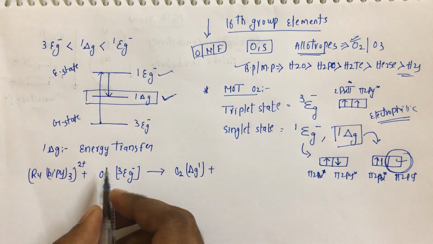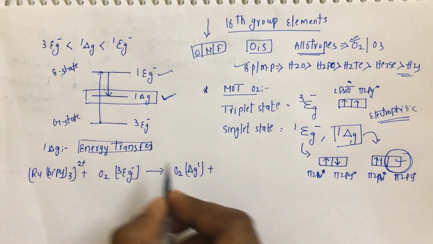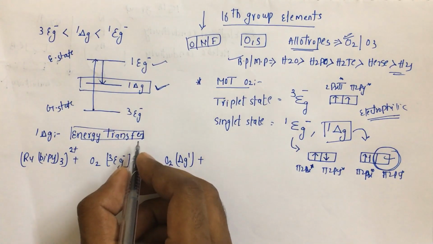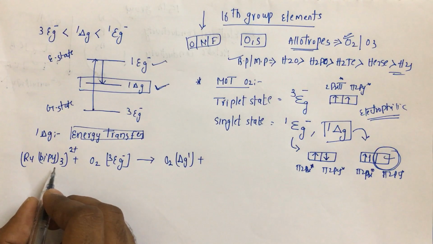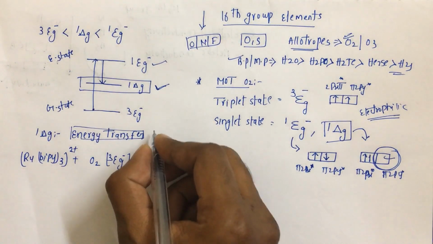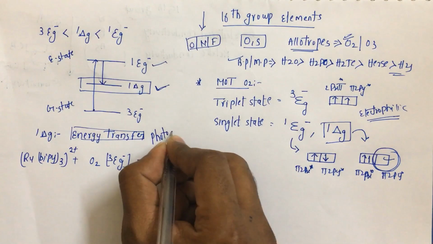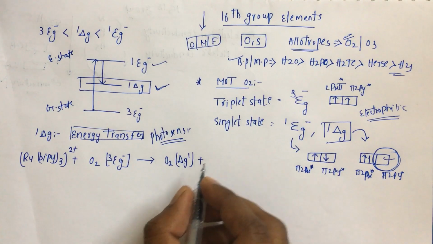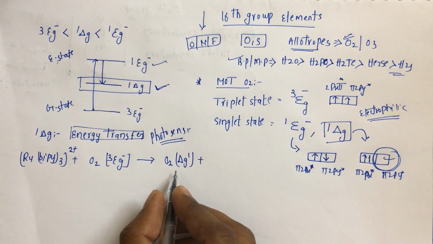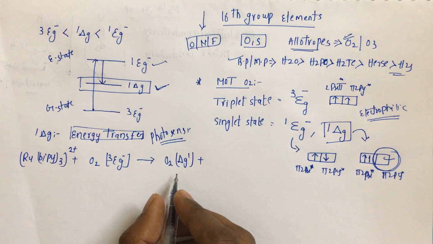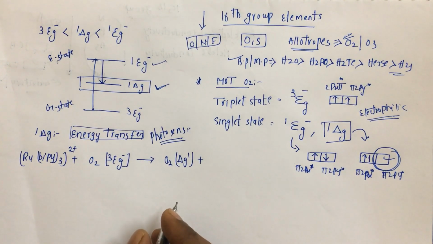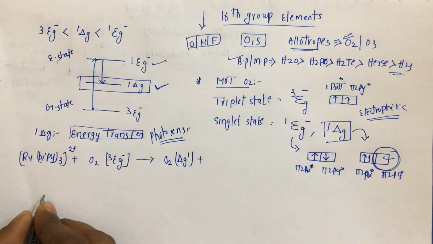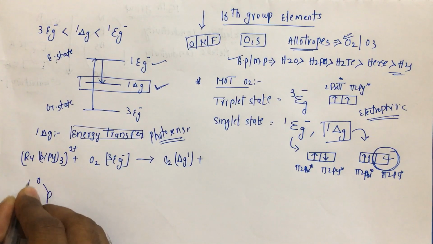In the photosensitization method, energy transfer takes place from the ruthenium bipyridine complex to the triplet oxygen, generating the singlet state. So this is one way where we can prepare the singlet state of oxygen from the triplet state, and we can also prepare it by another method, where we can use a phosphorus trialkoxy compound.